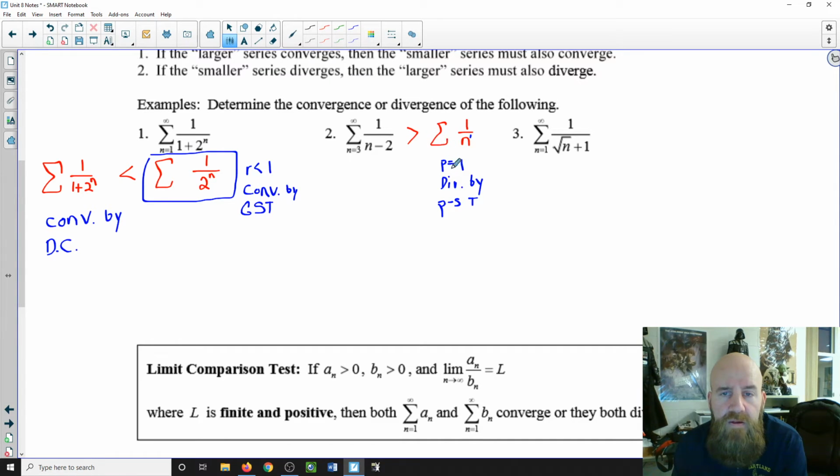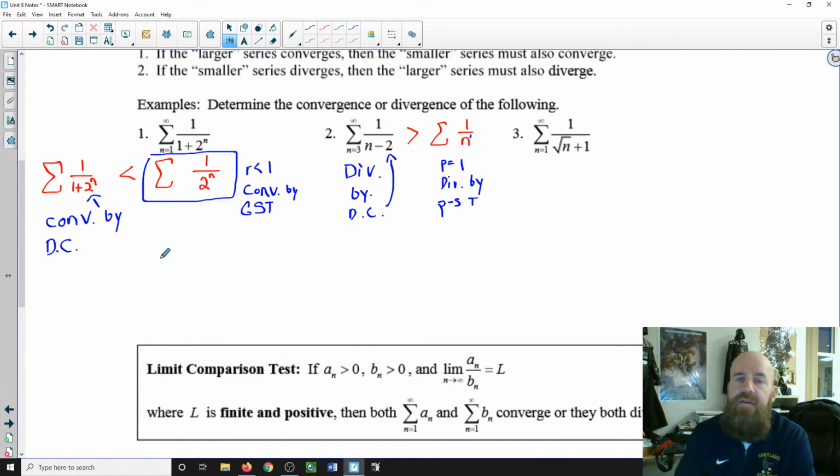Like I said, if a series is divergent, then everything larger than that is also divergent. So we can say that this diverges by direct comparison. Let me put those little arrows on there. I know you guys can make sense of it.